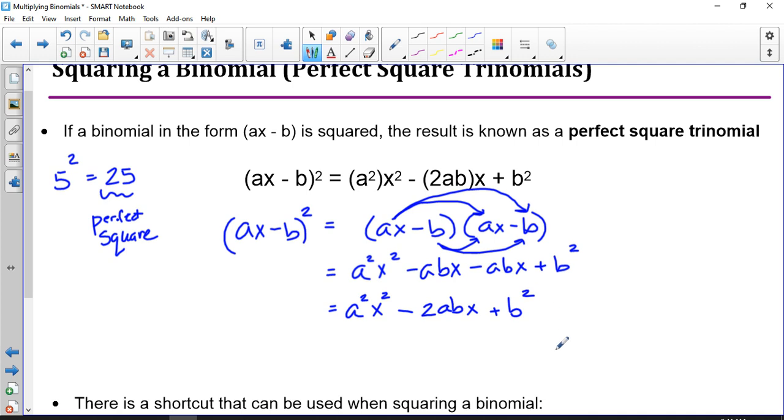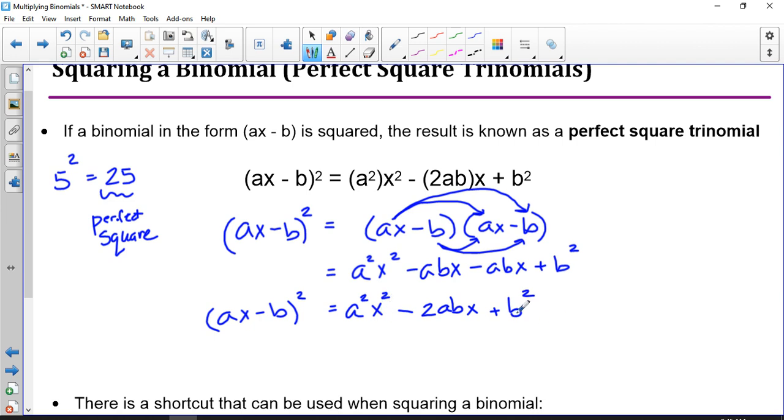Now relating what we have as our result with what we had in the beginning: if we have ax minus b and we square it, we end up with a trinomial. The first term is going to be taking the first term and squaring it, so a squared x squared.